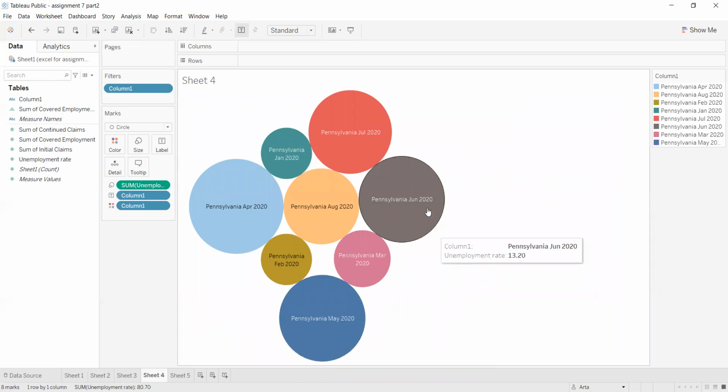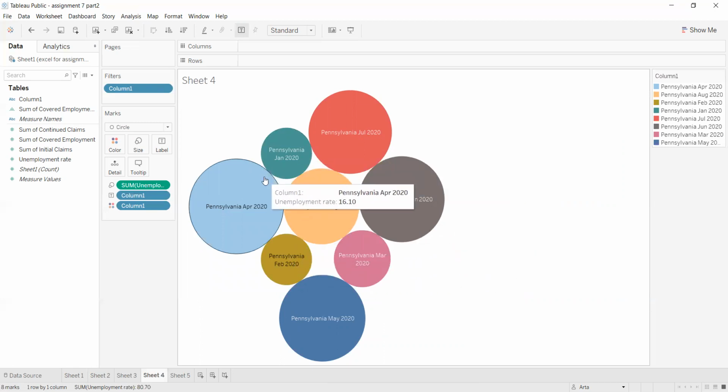Also in other charts, I focus on Pennsylvania, and I compare the unemployment rate in this state. And as you see, the unemployment rate in April and then in May, July, and June is higher than the other months.